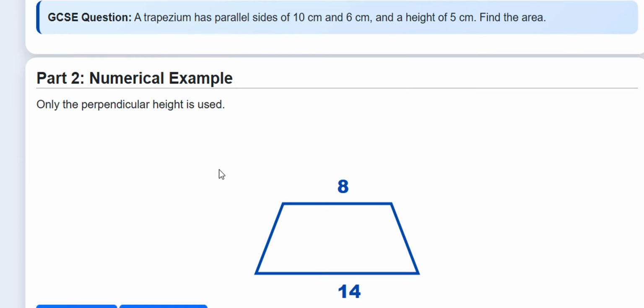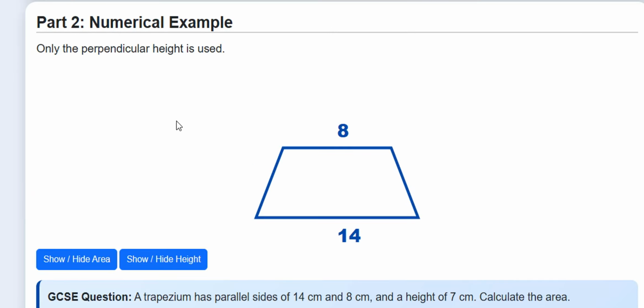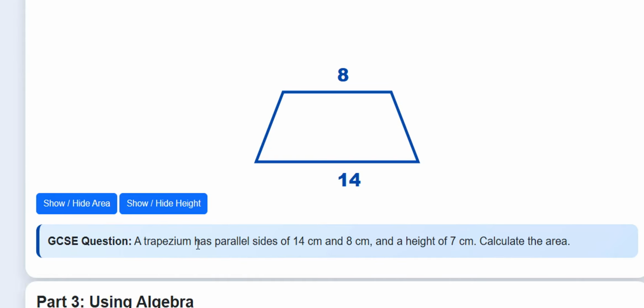Can we try another example? In this example, you are told a trapezium has parallel sides of 14 centimeters and 8 centimeters, then a height of 7 centimeters. Calculate the area. As we said, area is the region enclosed by the sides of the trapezium, and our height is that one in a trapezium.